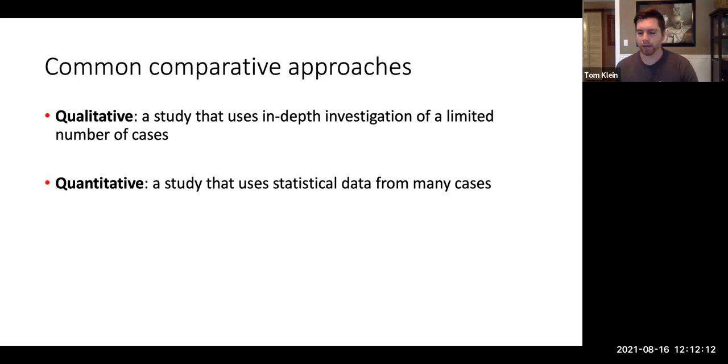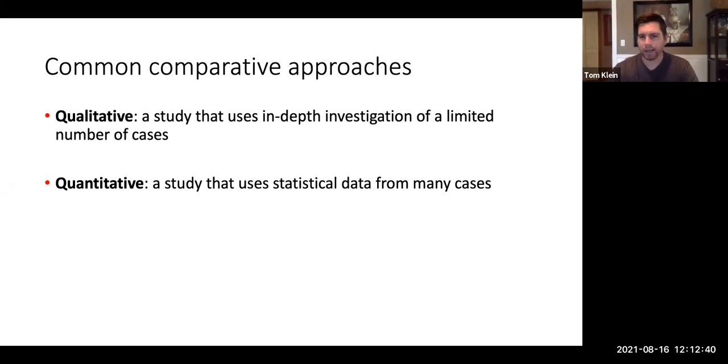So you're gonna spend a lot of time exploring the internal systems of maybe 1, 2, or 3 countries, and then comparing those countries and drawing conclusions. So it's slow, it's tedious, it's very difficult work that has a lot of issues, but it can be very effective because of the amount of time spent in the detail that is done in qualitative research. And again, comparative politics tends to use qualitative research.